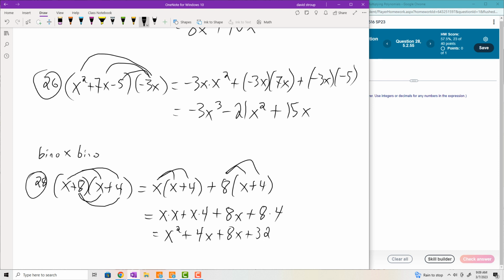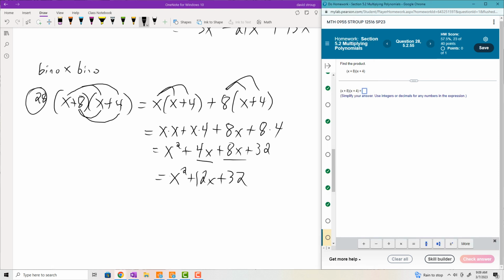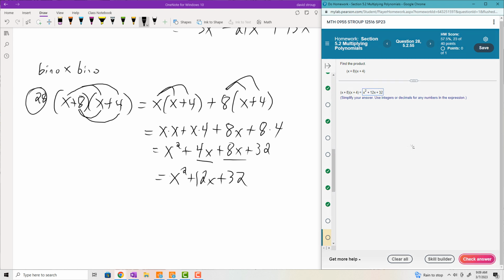And for these, you have to then kind of watch out. There's sometimes like terms that you have to combine. So here we'll have x squared plus 8, 9, 10, 11, 12x plus 32. Okay, so we'll have x squared plus 12x plus 32.